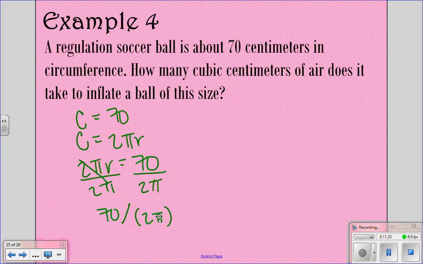So you need to make sure that you do 70 divided by, open parentheses, and then the 2 pi. And so your radius is going to be 11.14.